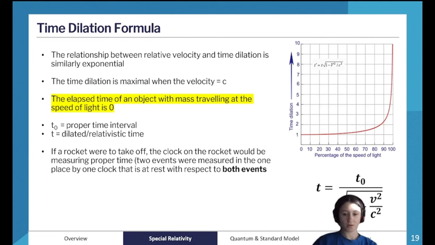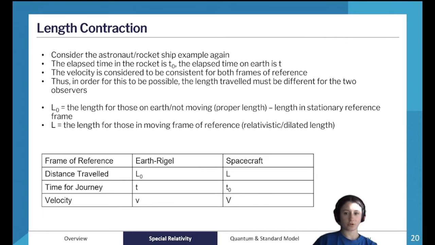So, let's get on to length contraction. Consider the astronaut rocket ship example again. The elapsed time in the rocket is T naught, and the elapsed time on Earth is T. The velocity is considered to be consistent for both frames of reference.